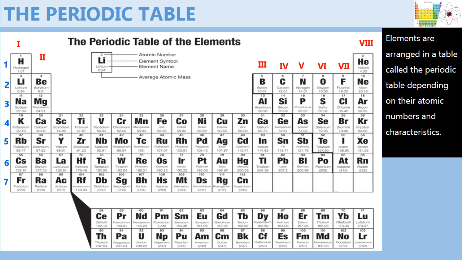Roman number 1 for group 1 and Roman number 2 for group 2. We skip to the next, which is boron, which has Roman number 3, which means it belongs to group 3. Next is carbon, that belongs to group 4, and all these elements belong to group 4.